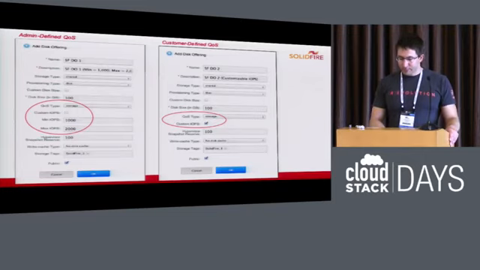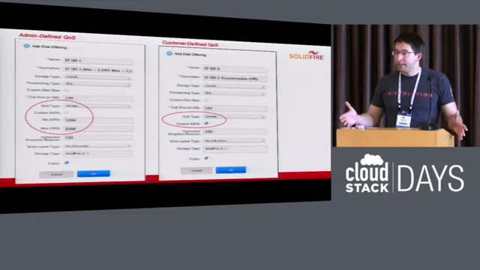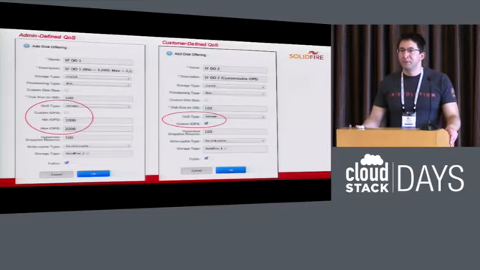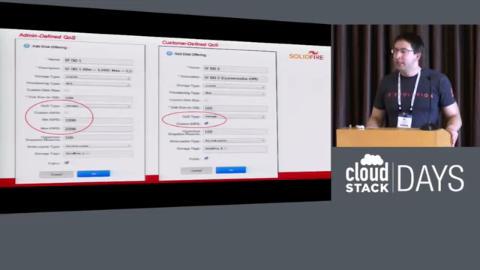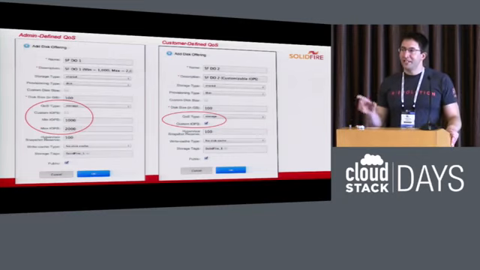And the good part about this is you can make that backend SolidFire volume pretty large. If you can make it, it doesn't really matter from a SolidFire standpoint. It's not going to take up a whole lot more space. The only thing you are taking up is that capacity IOPS number that we talked about.